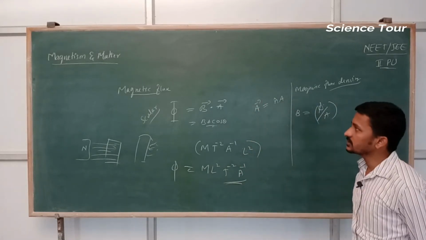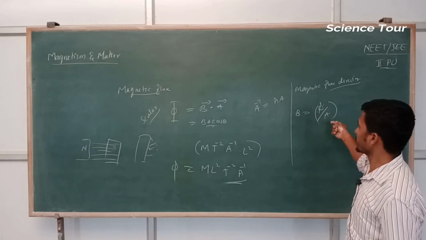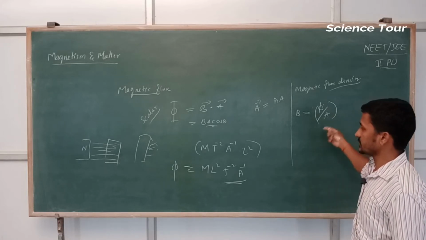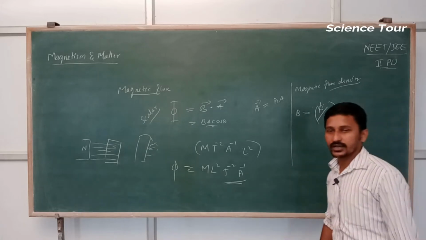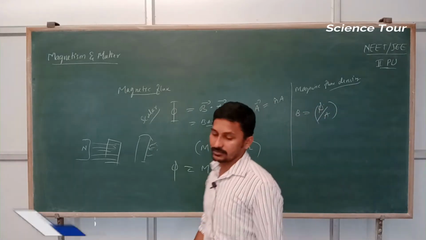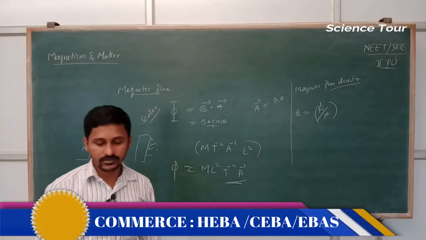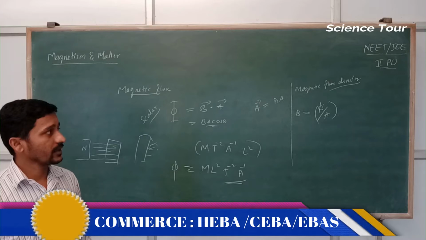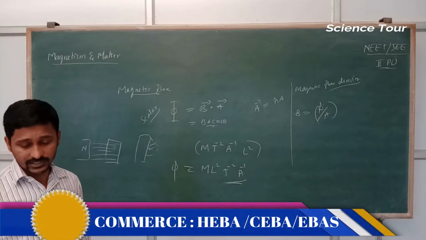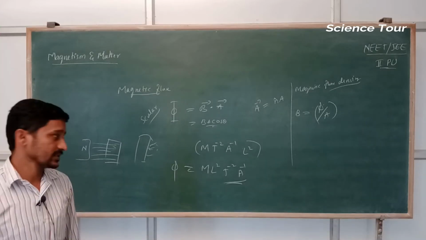Now the expression for magnetic flux density is the same as that of the magnetic field, and the dimension formula will be the same. So in that way we can also call it magnetic flux density, and the SI and CGS units we have already discussed, isn't it?